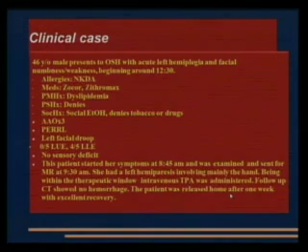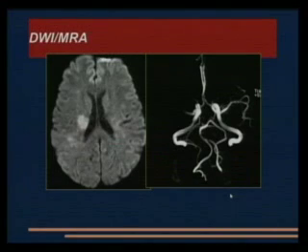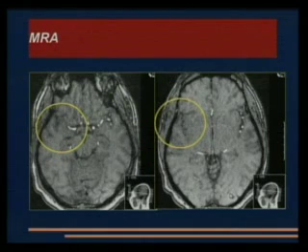I show you this case that was done here, and the patient started at 8:45, was examined and scanned at 9:30, and you see this is infarct. There is an occlusion of the middle cerebral artery.